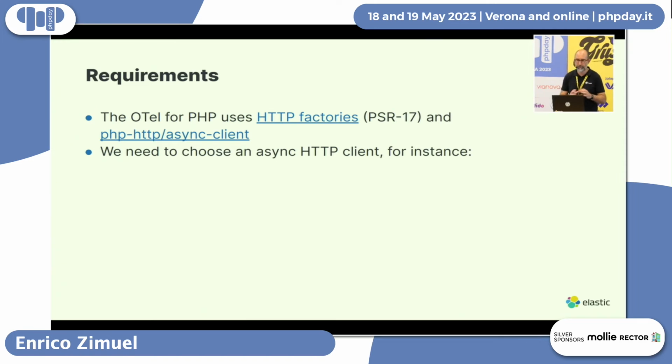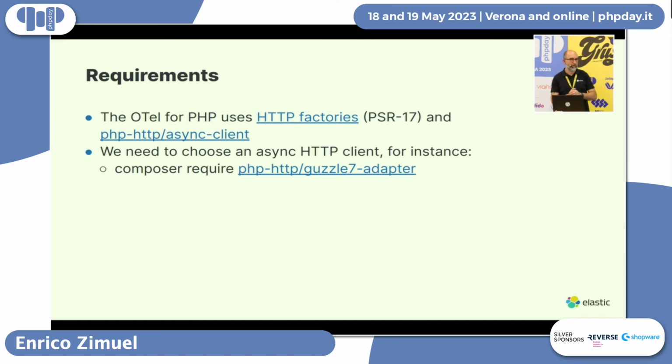And as I mentioned, everything is asynchronous. Why is it asynchronous? Because we don't want to overload the application, right? So we want to send this information while the application is running. So long story short, you need to choose an asynchronous HTTP client. The one that we suggest is a Guzzle 7 adapter from PHP-HTTP, but again, you can use whatever you want.